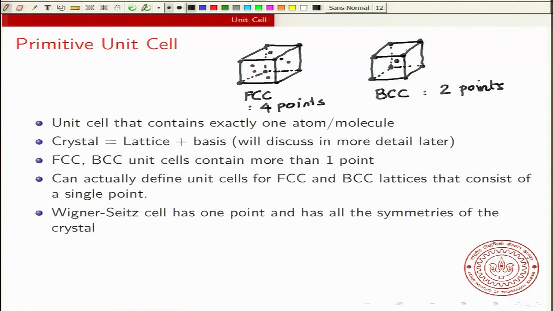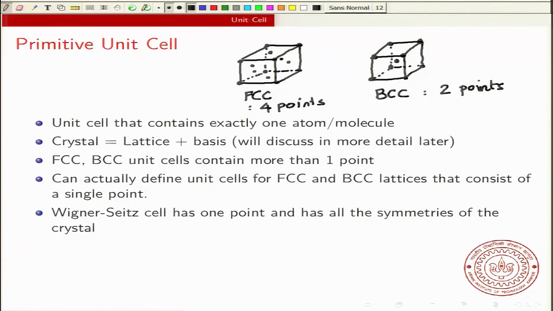Now, let us just step back and say again that if you take this unit cell of FCC and you translate it in all directions, you will get the entire crystal and you will not have any voids. Similarly, if you take this BCC unit cell and you translate it in all directions, you will get a crystal without any voids.